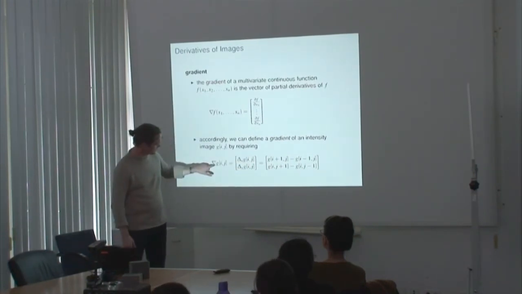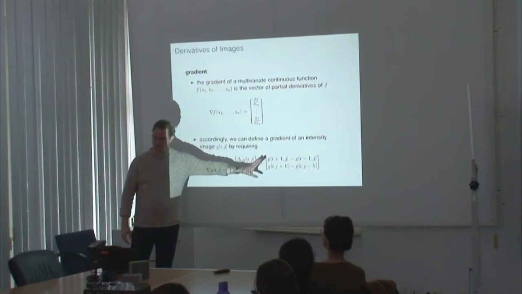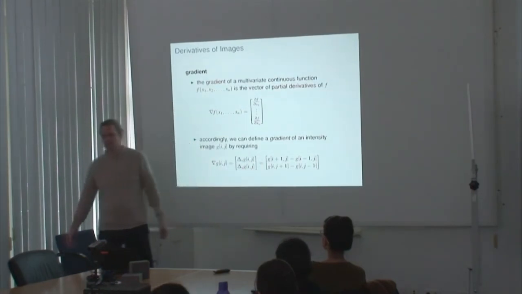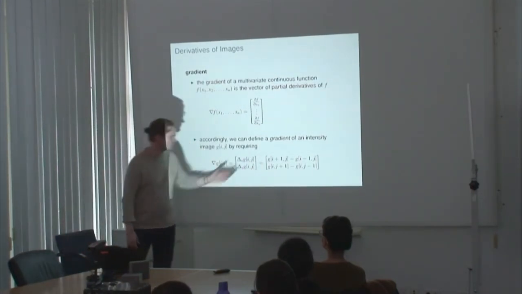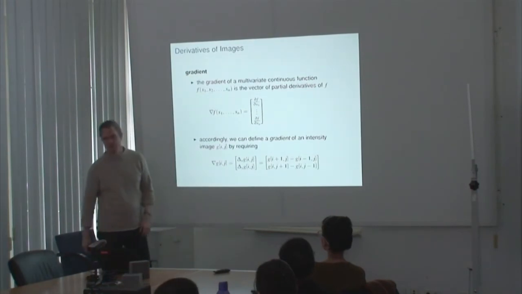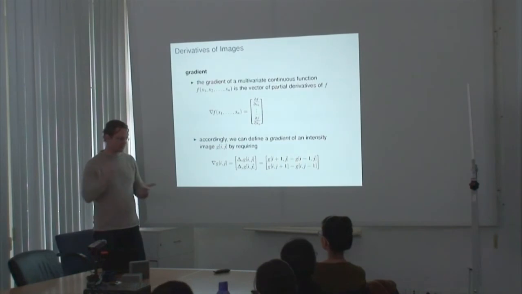So I say the gradient is defined as this. But if you read other books, you'll find other definitions there. And they all have their own names: Roberts gradient, Sobel gradient, Canny gradient. There are so many different gradients for digital functions.